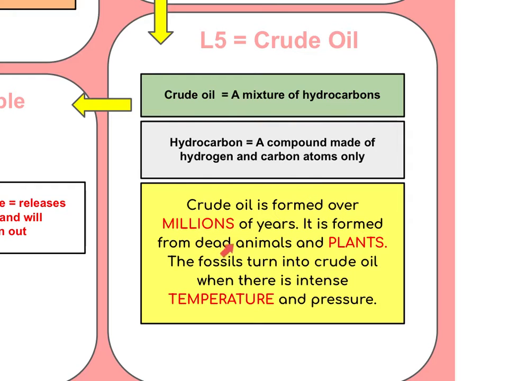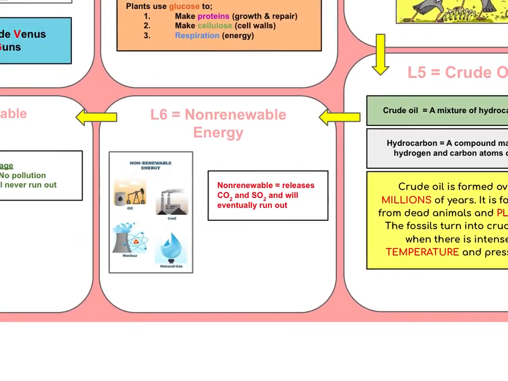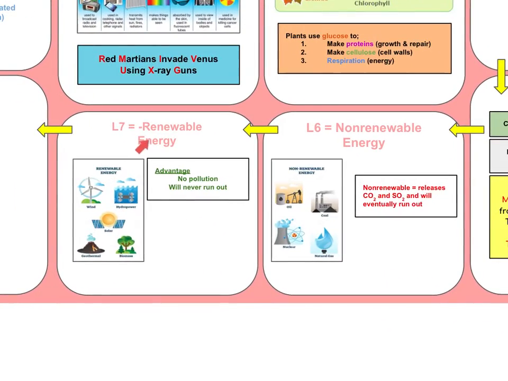The big thing about crude oil is that it's formed over millions of years from dead animals and plants. You need intense temperature and pressure to make crude oil, which is why we can't really make it anymore. And it is running out. So we're going to have to find other types of energy.